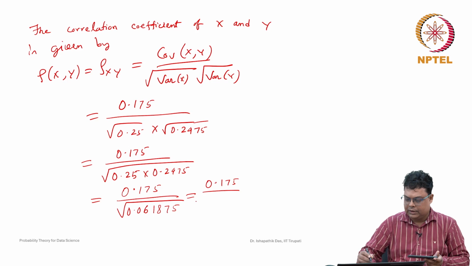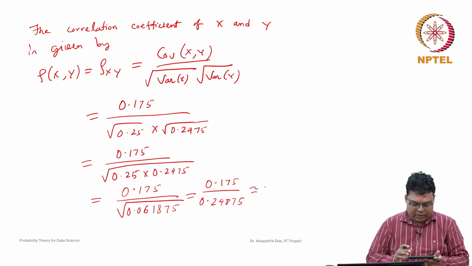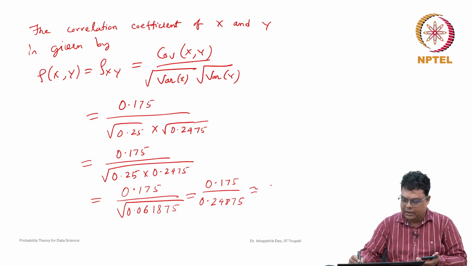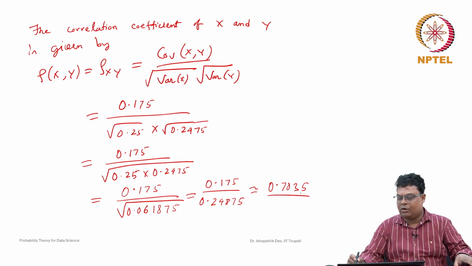The square root of 0.061875 is approximately 0.24875. So 0.175 divided by 0.24875 is approximately 0.7035, up to 4 decimal places.